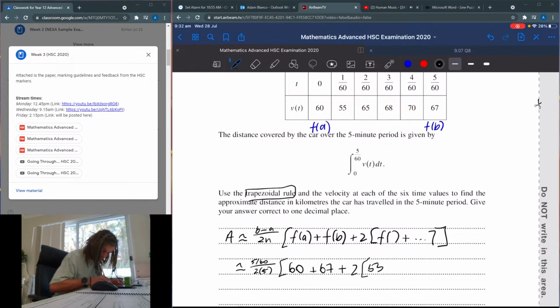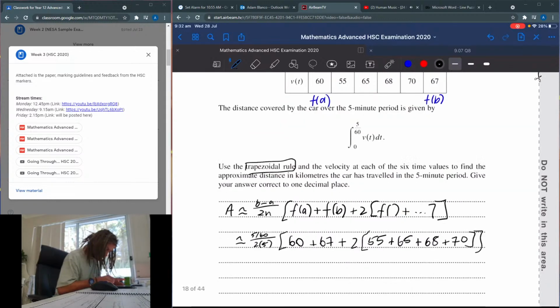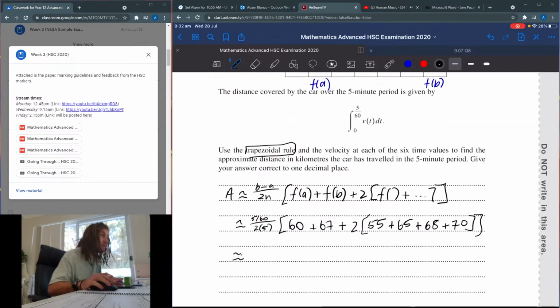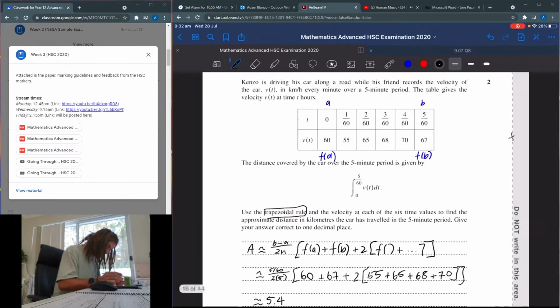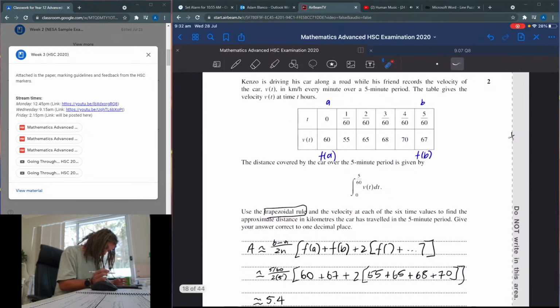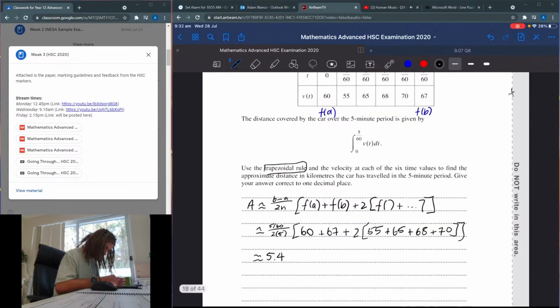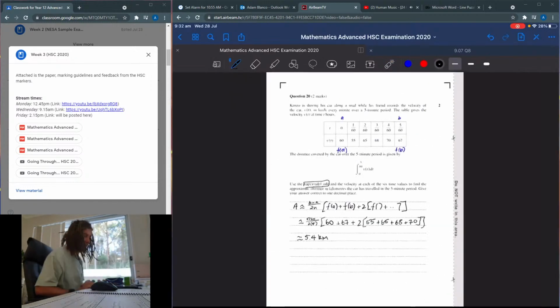So 55 plus 65 plus 68 plus 70. I chuck all that into the calculator, and I get 5.4. Now, it is kind of a word problem, so just consider what it's asked for. Approximate distance in kilometers. So approximately 5.4 kilometers, and that would be fine.